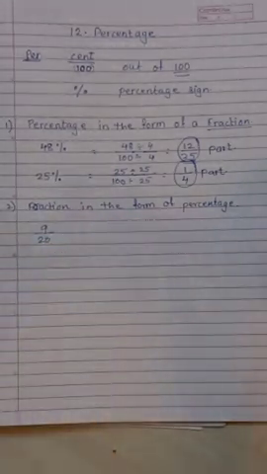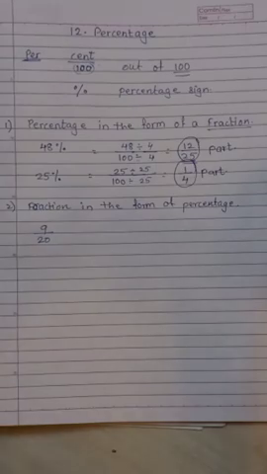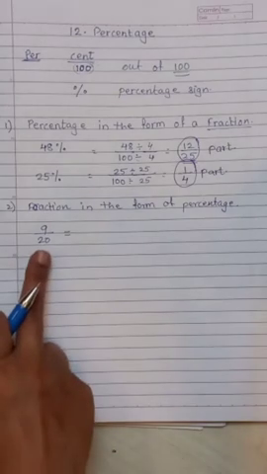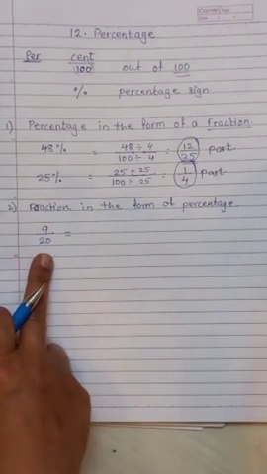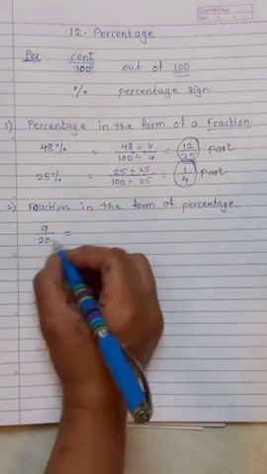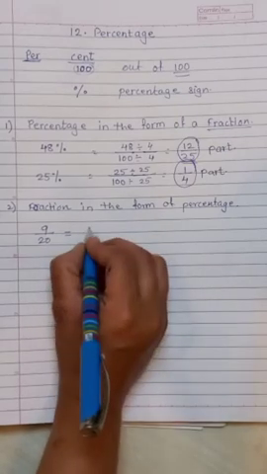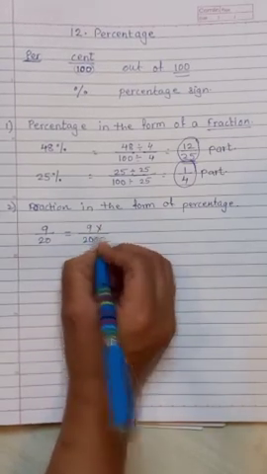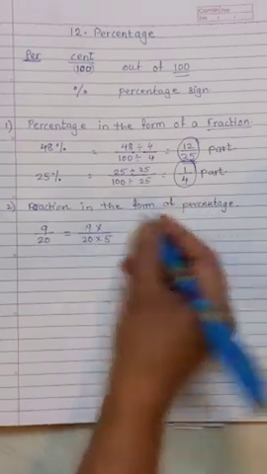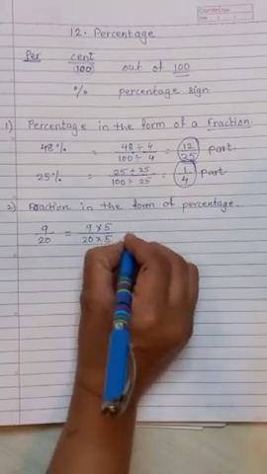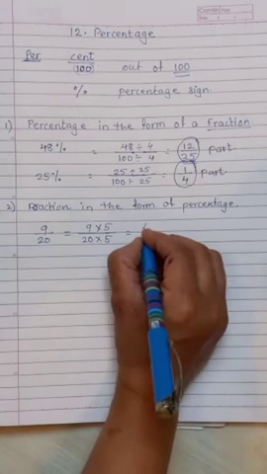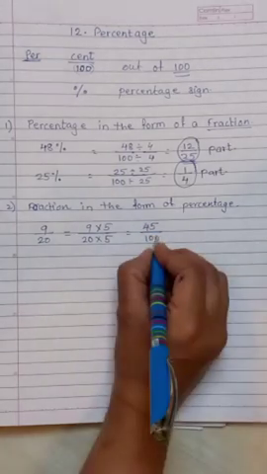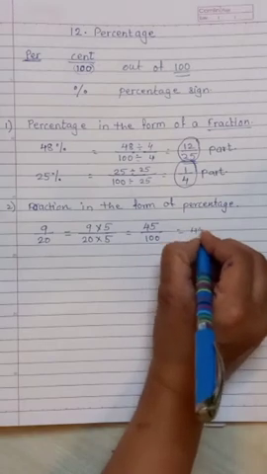We have to convert this 9 upon 20 into a percentage. As we know, we should have the denominator 100. How can we convert this 20 into 100? With the help of multiplication. 20 fives are 100, so we will multiply the numerator also by 5. So 45 upon 100. So this is 45%.